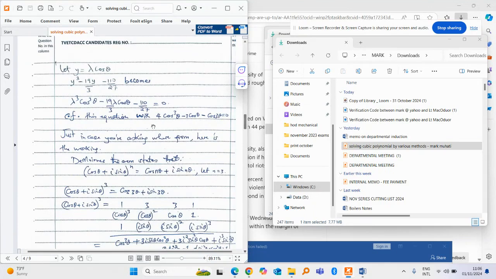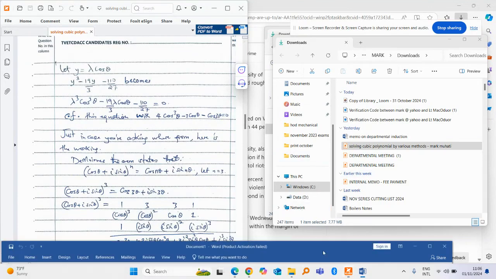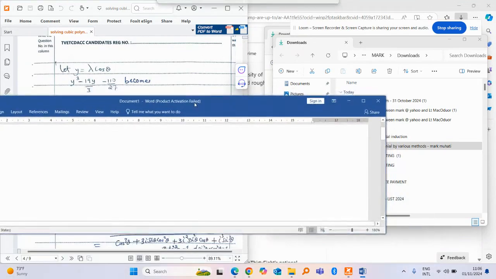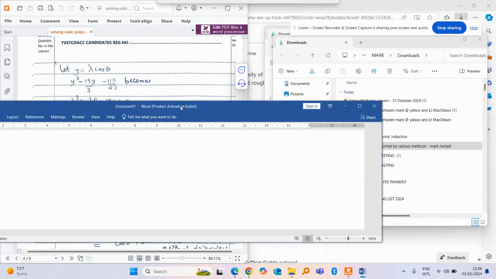So using the trigonometric method, this is how it looks like. Let y be equal to lambda cos theta. Then we have y cubed minus 19y over 3 minus 100 over 27.